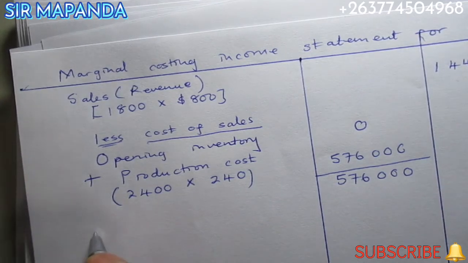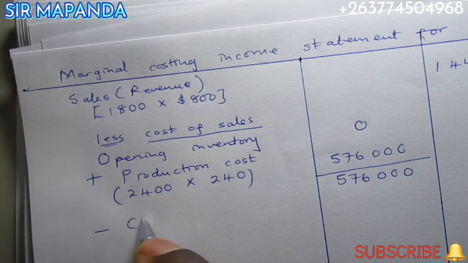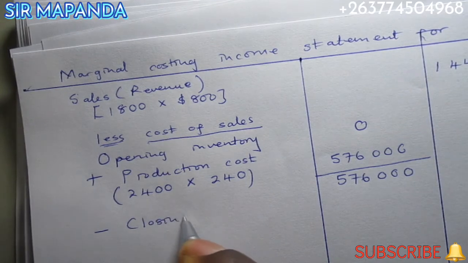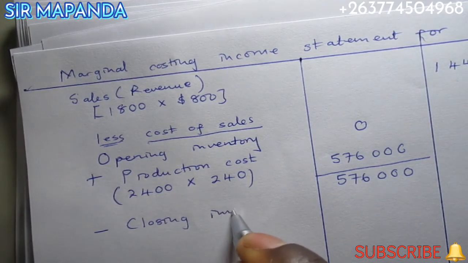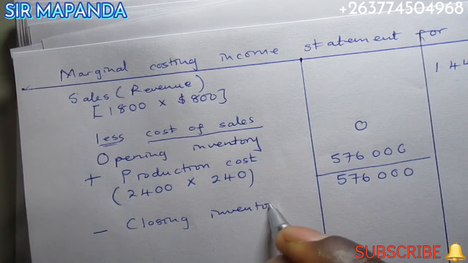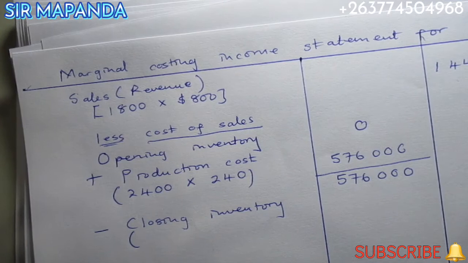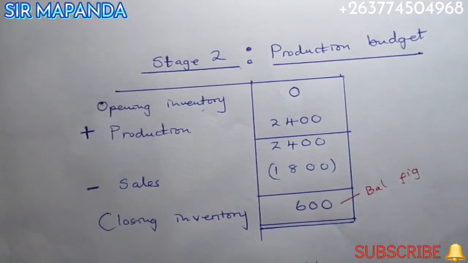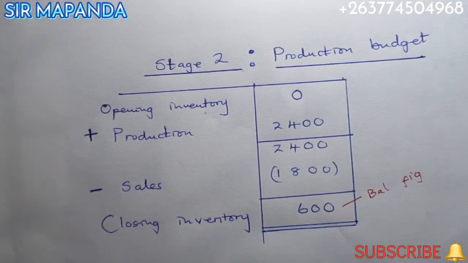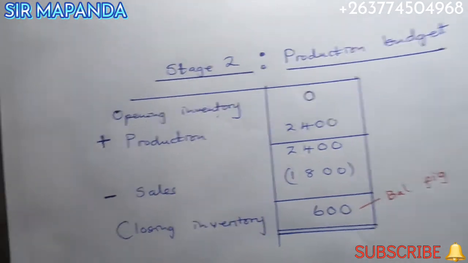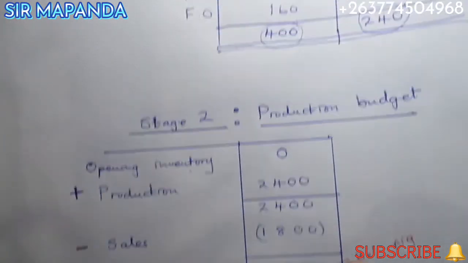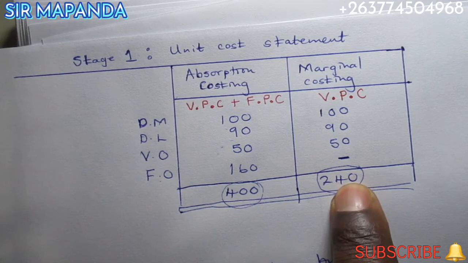So after that, less closing inventory. Under the production budget, we have 600 units, which came out as the balancing figure. So this 600 is going to be multiplied by the unit cost under marginal costing of 240.